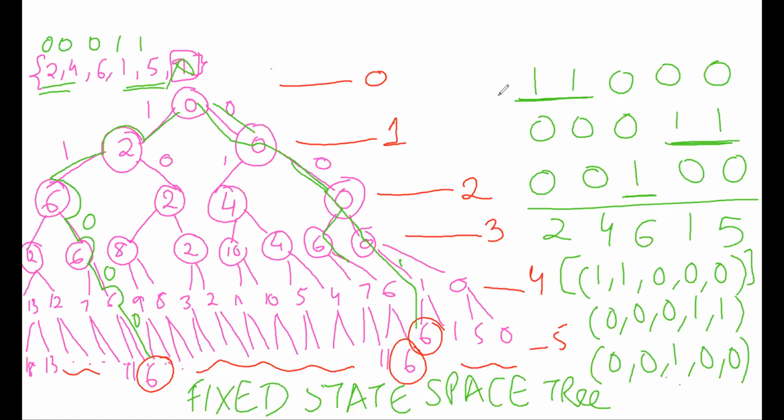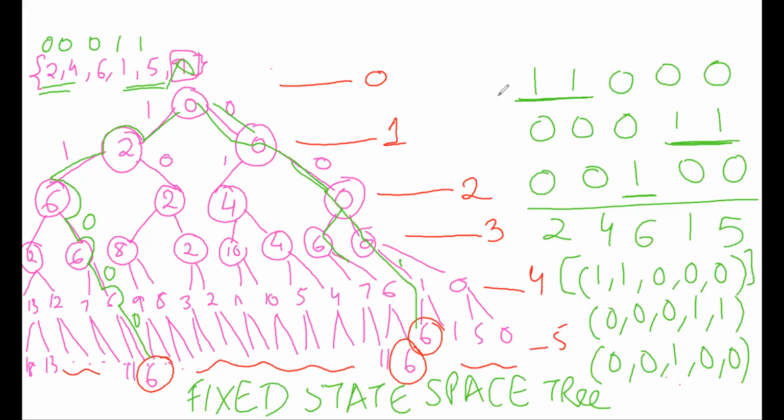So if you have to look for a solution in this type of a fixed state space tree, you have to basically explore the leaf nodes to see which leaf node has the value 6 and which path you can take. But you don't necessarily need to explore the entire tree.